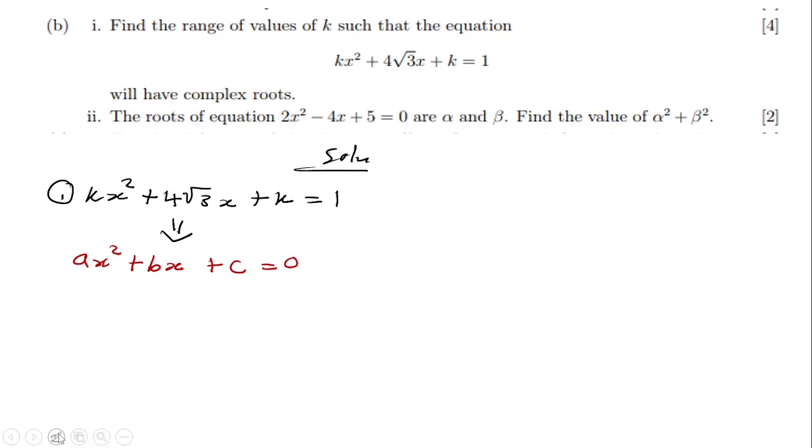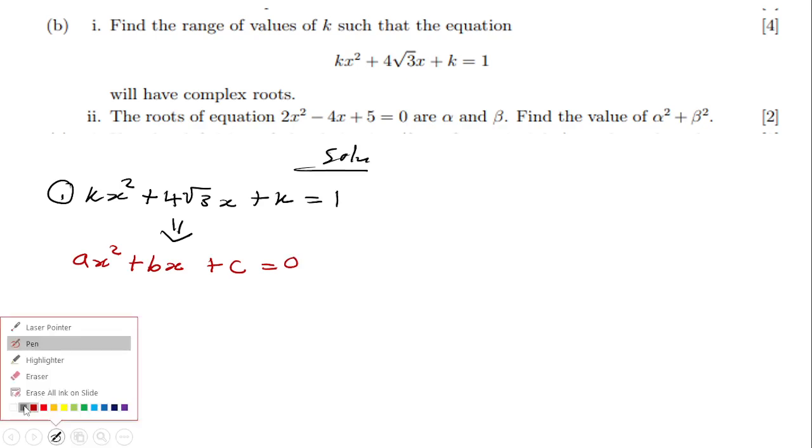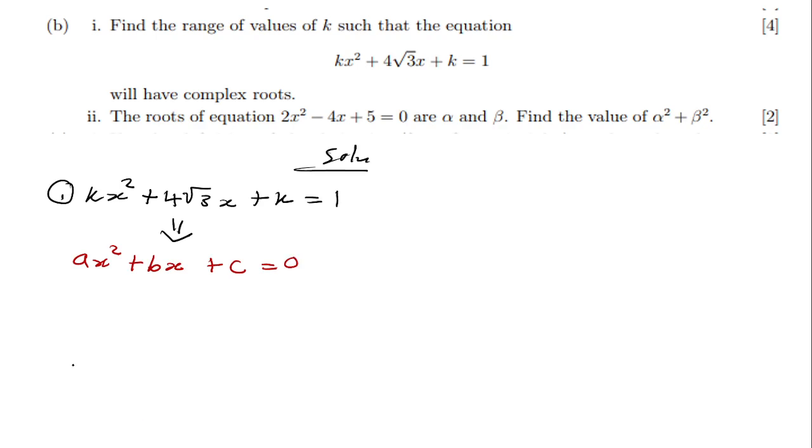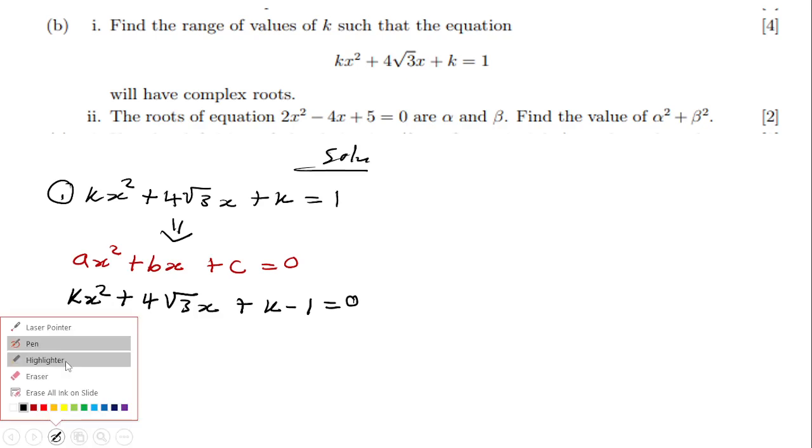0. In such a case, you are going to take 1 to the other side. So this will be k x squared plus 4 square root 3x plus k minus 1 is equal to 0. What does this mean? So these are the highlights I'm going to give.